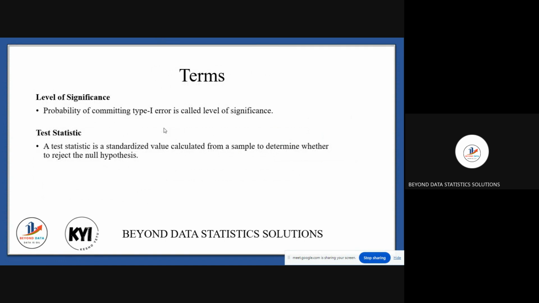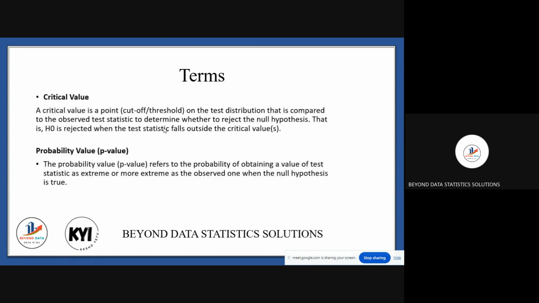And then we have things like the level of significance and terms like the test statistic. These are just the calculated values from the sample data that determine whether to reject or fail to reject the null hypothesis. We are going to look at the practical part of it. Other terms include the critical value. What is a critical value? This is a value that we reference. We compare it with the test statistic computed from the data to check whether we can reject or fail to reject.